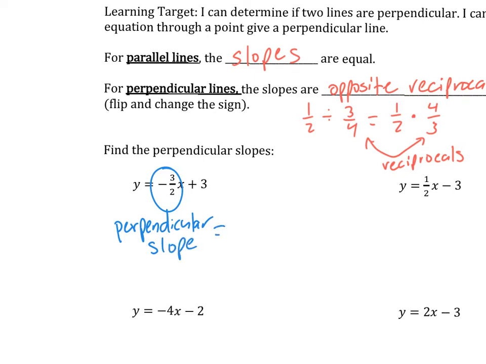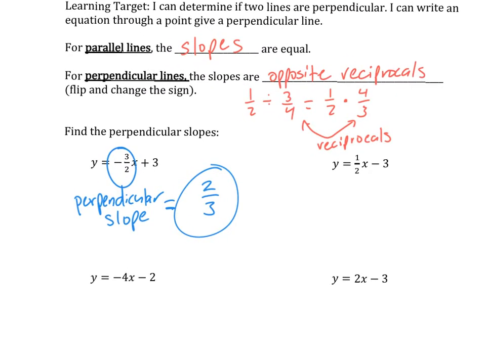The perpendicular slope is going to be the opposite, so it's going to be positive because this one's negative. And then we'll flip it, so it'll be 2/3. So positive 2/3 is the perpendicular slope. Okay, 2/3 then is our slope.